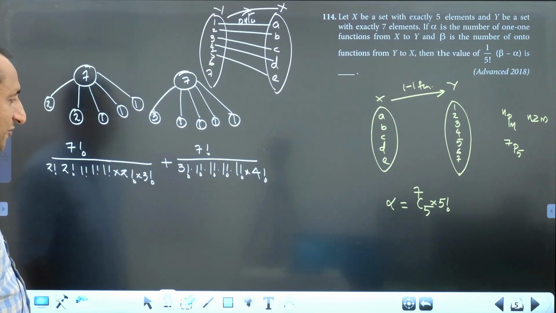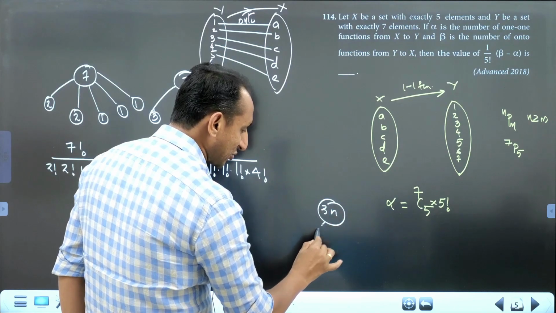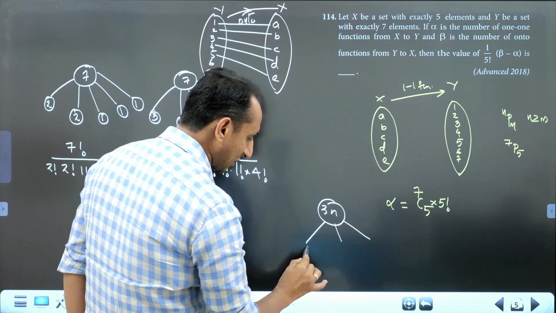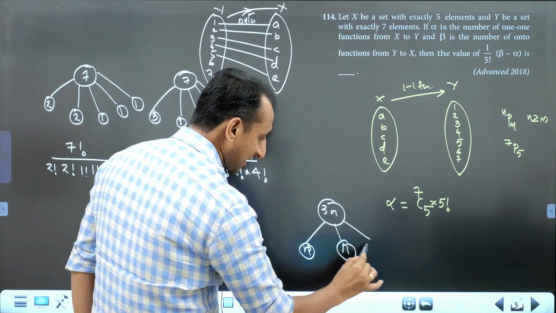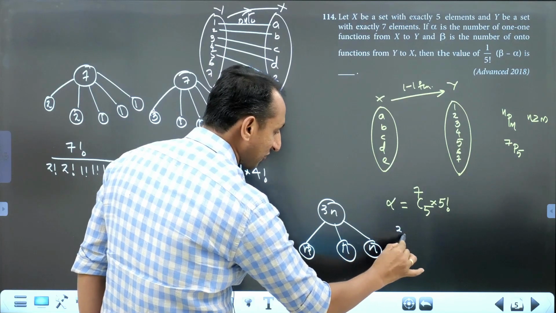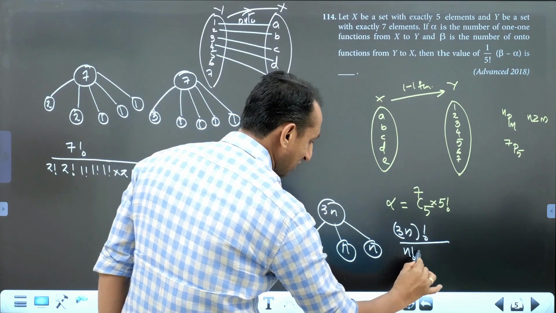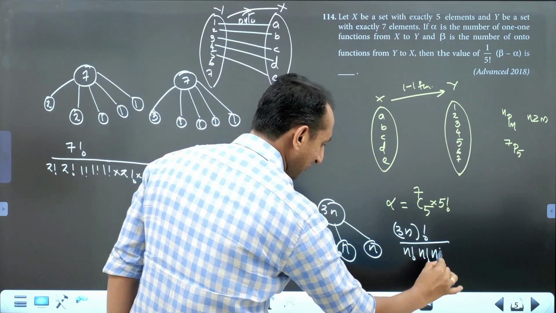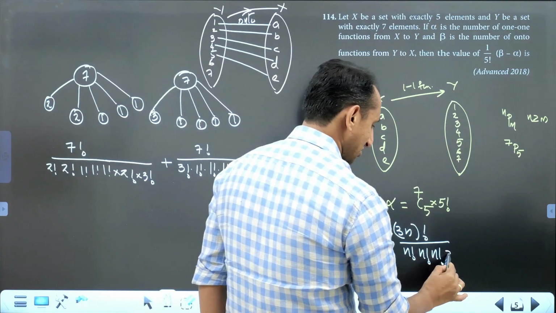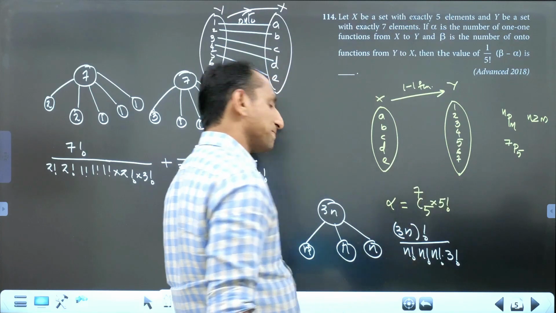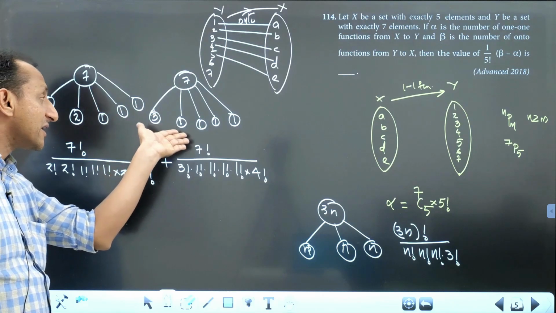We know the result: 3n objects divided into 3 groups of equal size is 3n factorial by n factorial into n factorial into n factorial into 3 factorial, since these groups have the same size. Same result here.